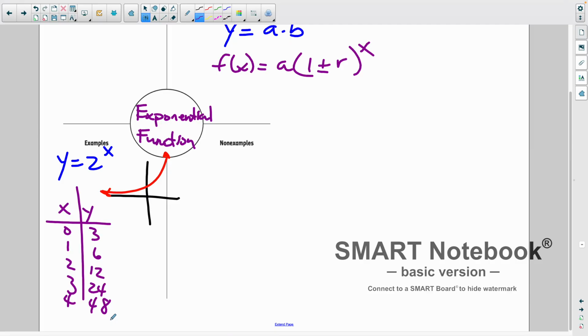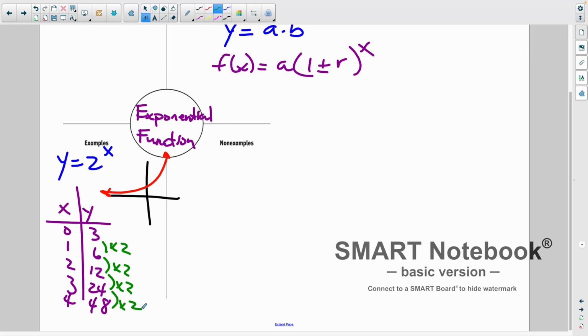So I got 0, 1, 2, 3, 4, and I got 3, 6, 12, 24, and 48. Does that table have a constant rate of change? No. No, sorry. What is constant about it though? I am multiplying by 2 every time. So I'm not adding. If I'm adding, it's a constant rate of change. Or subtracting. But if I'm multiplying here, it's not a rate. Anybody got an idea what it is?